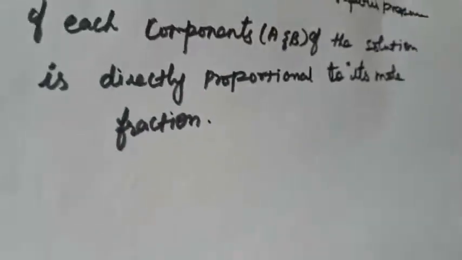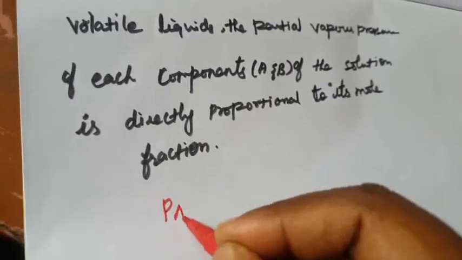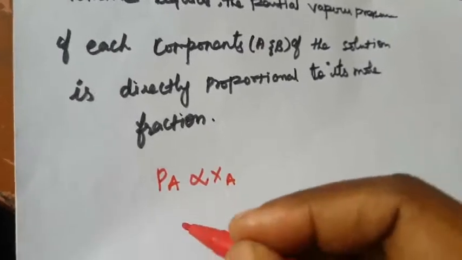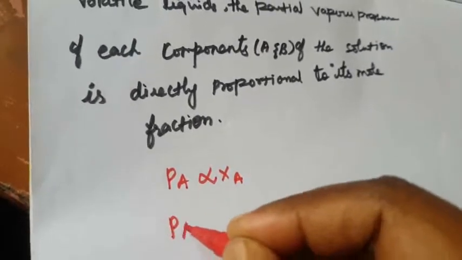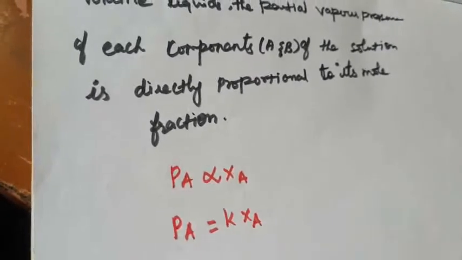According to Raoult's law, the partial pressure PA is directly proportional to the mole fraction of component A. So you introduce a constant, that is K times XA, right?